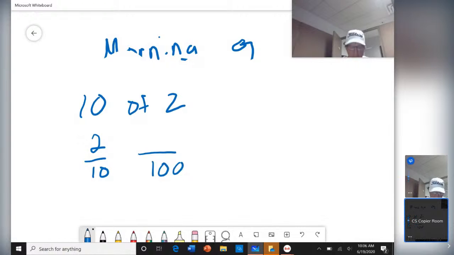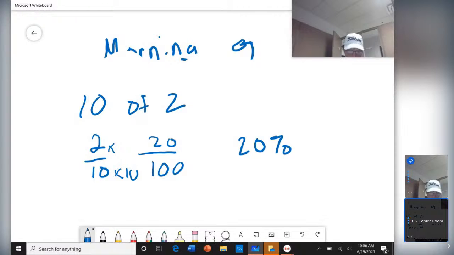And we're going to know 10 times 10 equals 100. So if we multiply the bottom, the denominator, by 10, we have to multiply the numerator. So that's going to be 2 times 10 is going to be 20. So that's going to be 20%.